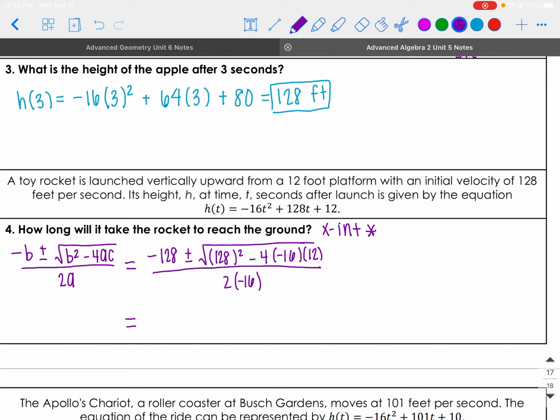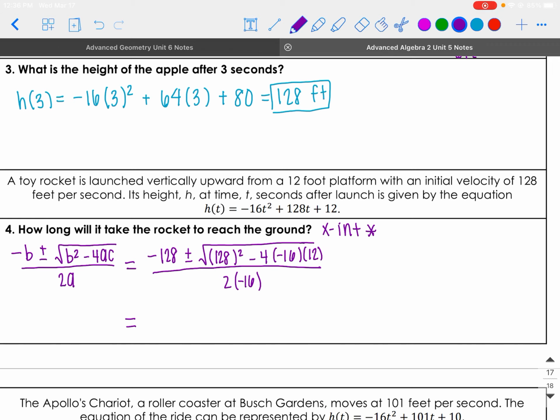If you need to write these buttons down, you may want to do so. Pause the video and write down. So you got a fraction, and then we're going to type negative 128. There's no plus or minus button, so just do plus first, and then the square root.